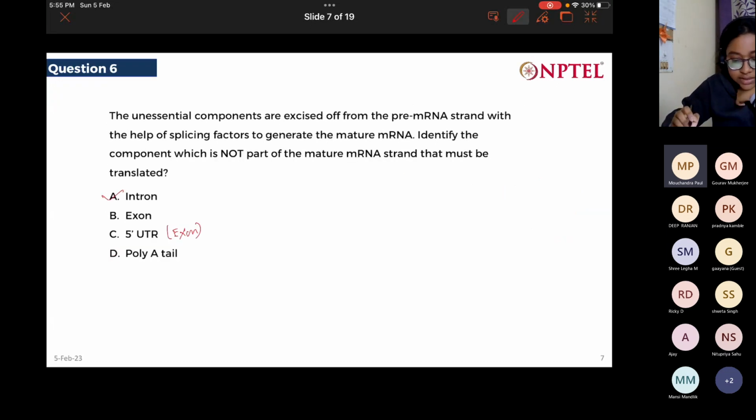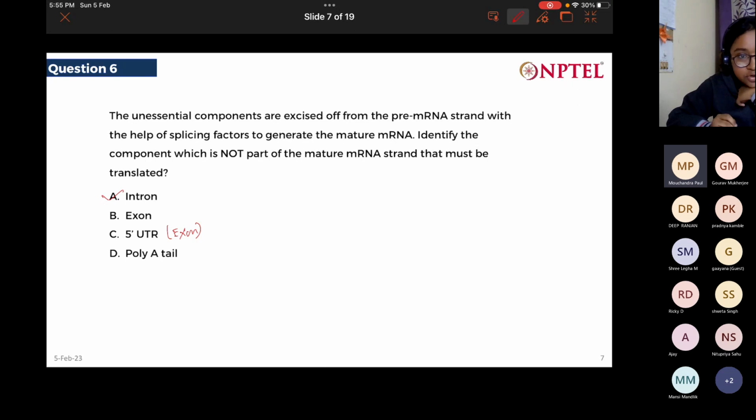Next question. The essential components are excised off from the pre-mRNA strand with the help of splicing factors to generate the mature mRNA. Identify the component which is not part of the mature mRNA strand and that must be translated. So here they're asking what part of the pre-mRNA is not retained in the mature mRNA.